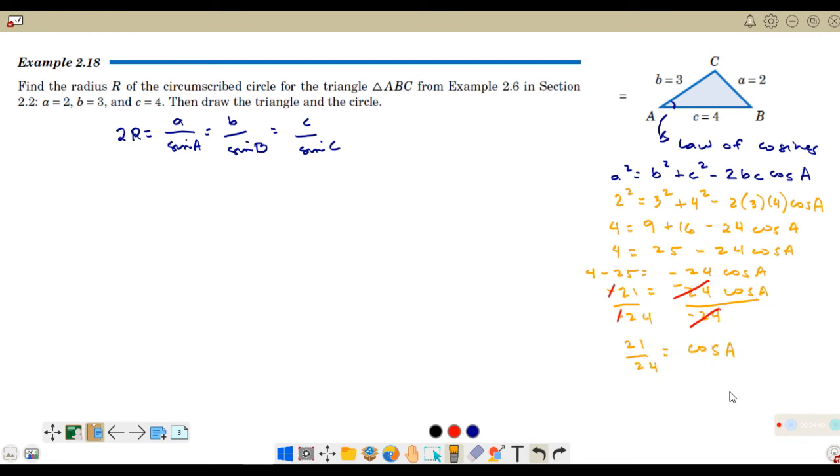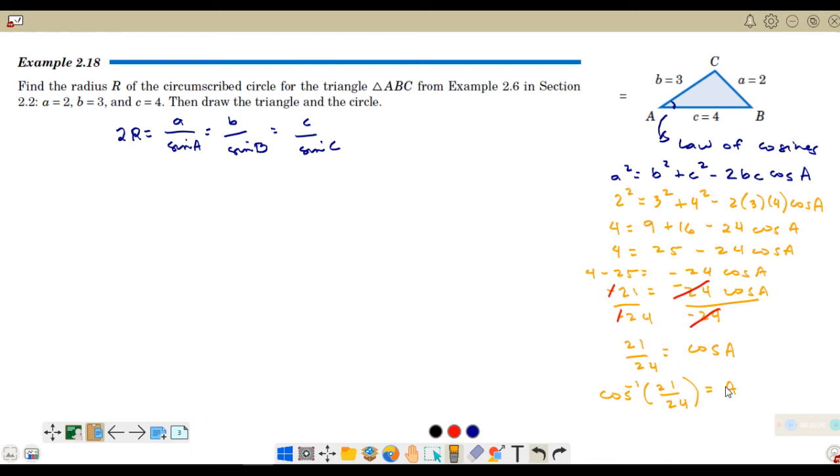Now, get your calculator. We are going to derive the value of angle A by using the trigonometric function arc cosine. Arc cosine of 21 over 24 is equal to A. Kuha lang din ako ng calculator.